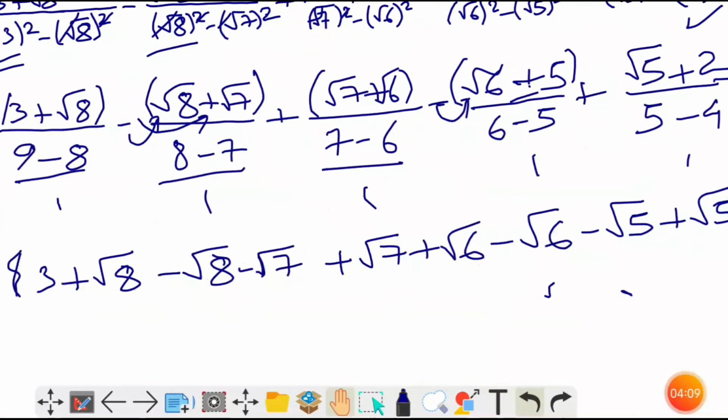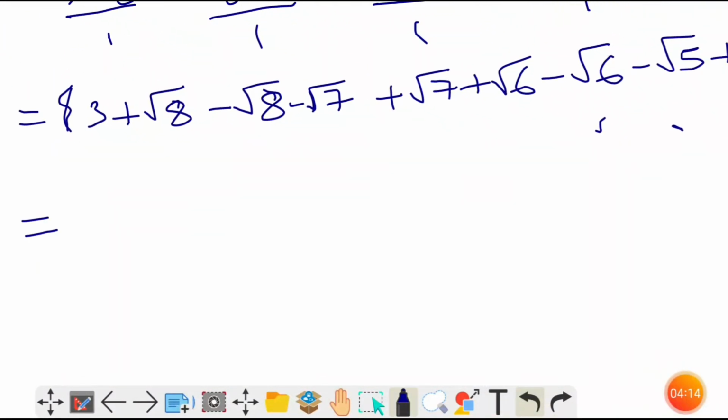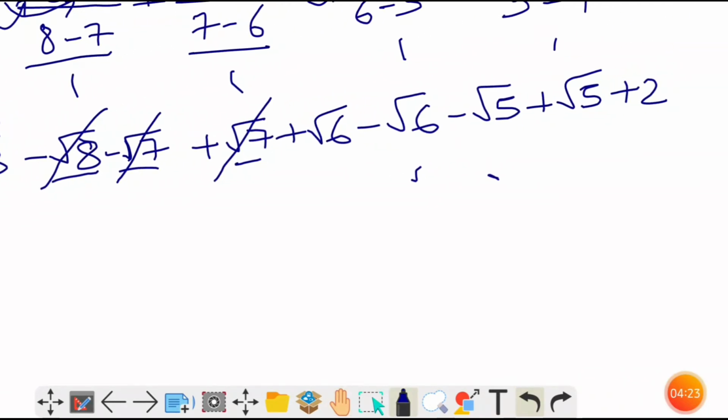In the next step, we'll cancel out the same roots with the opposite sign, that is plus and minus. It will cancel out minus root 7 plus root 7, plus root 6 and minus root 6, minus root 5 plus root 5.